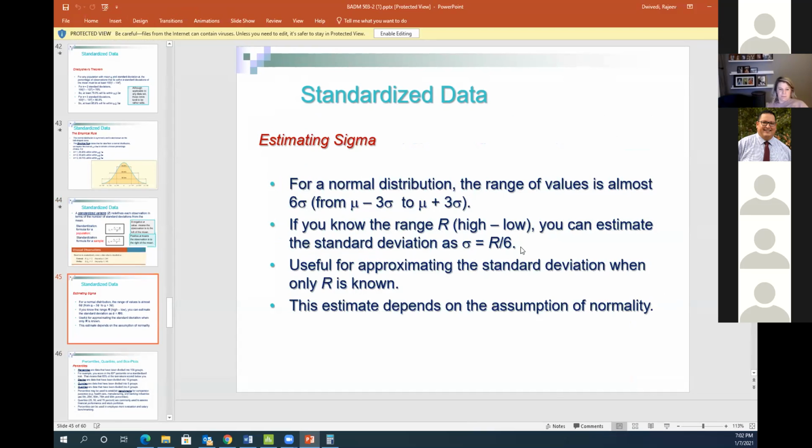Range divided by 6, then you can get the standard deviation. So this is very simple calculation. Entire range comes in 6 sigma range. So this is 6 and sigma. If you want to get the sigma, how you do? Range divided by 6. This is another way to calculate sigma very easily.